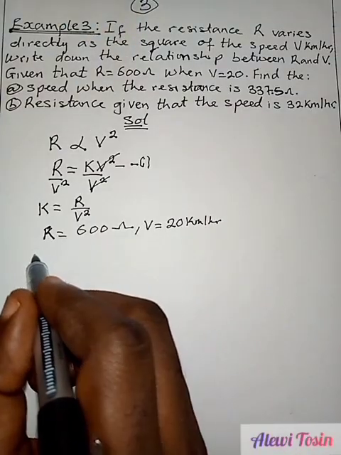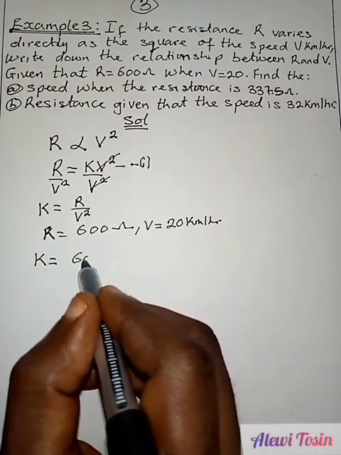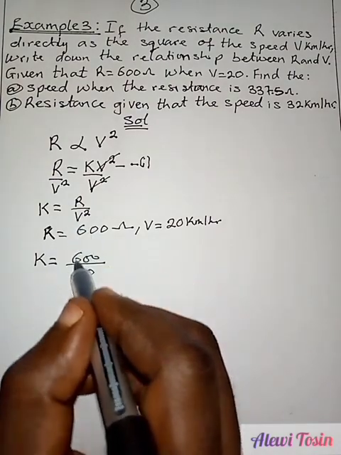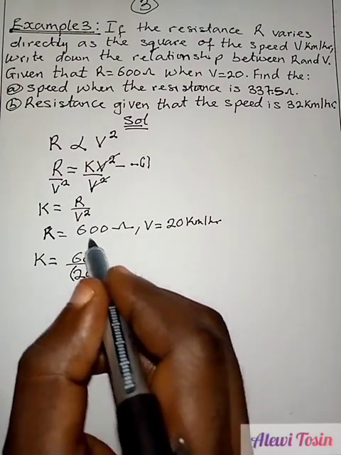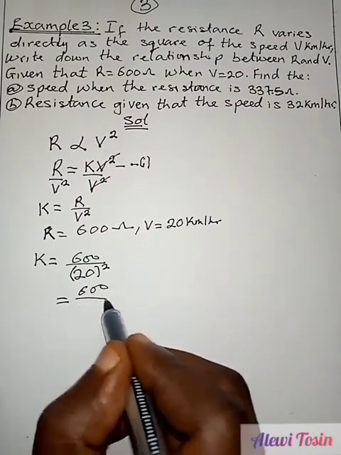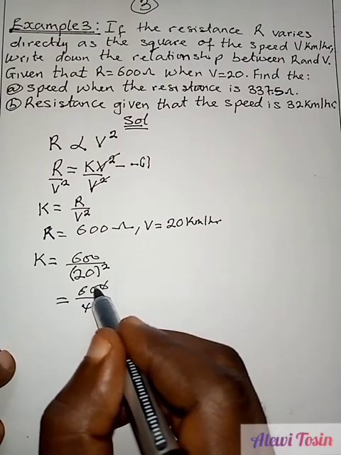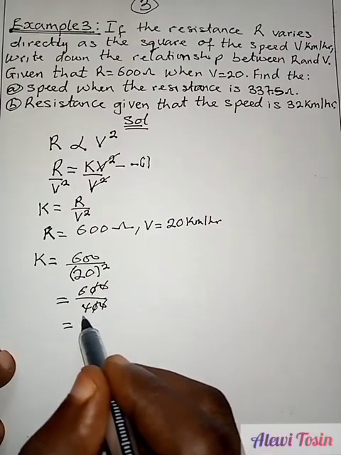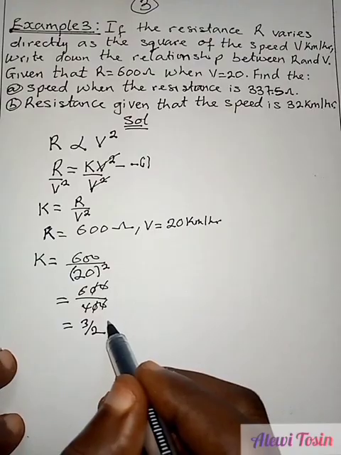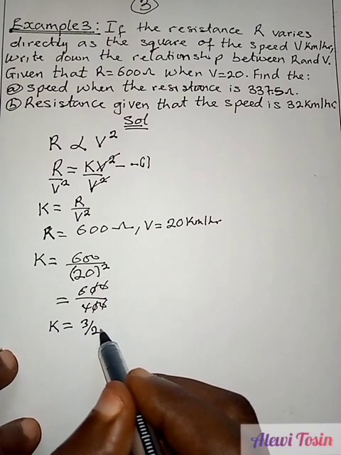With this, our K is equal to R, which is 600, over 20 squared, because it is R over V squared. So 600 over 20 squared is 600 over 400. Zero cancels zero, zero cancels zero, so this will be 3 over 2. So we can say that our K is 3 over 2.